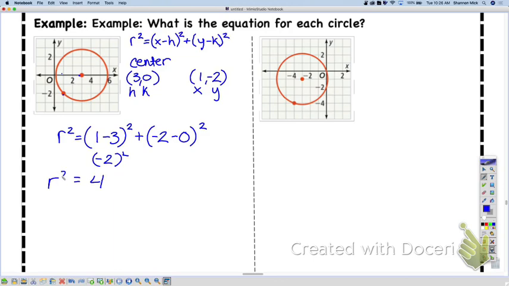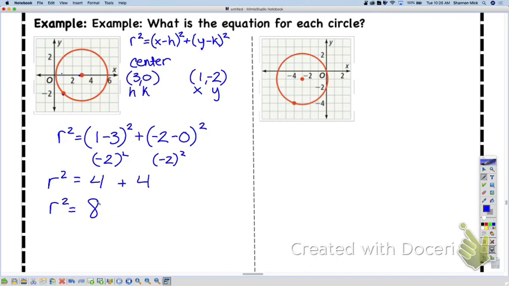So R squared still equals this, plus -2 squared, which is 4. So R squared is 8. Now, if I wanted just the radius, I'd tell you it's the square root of 8, correct?